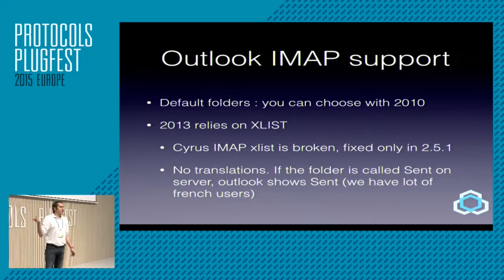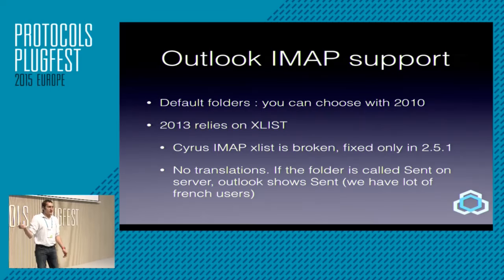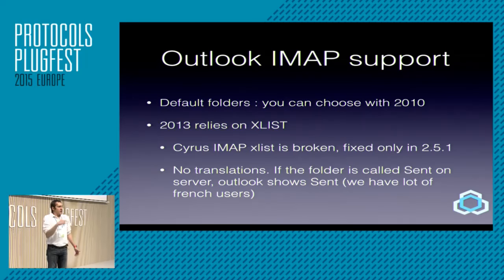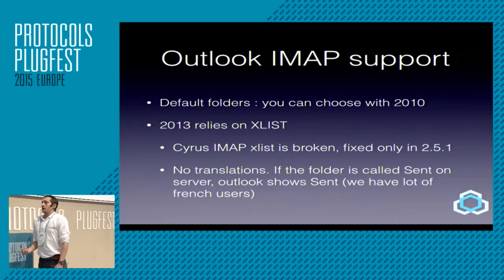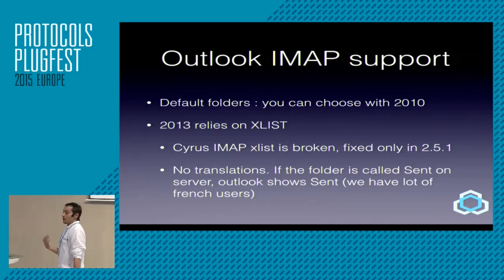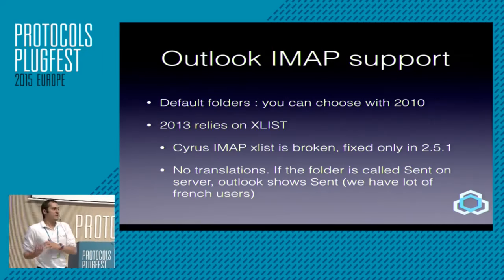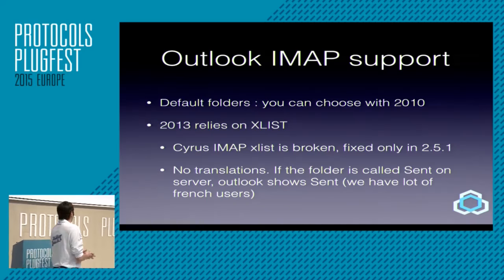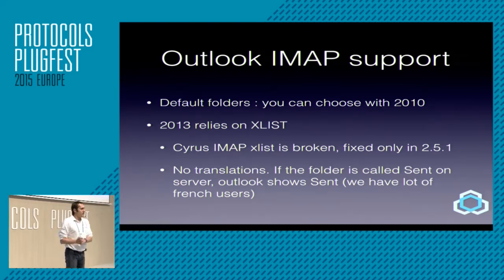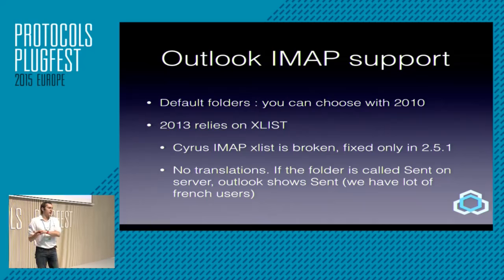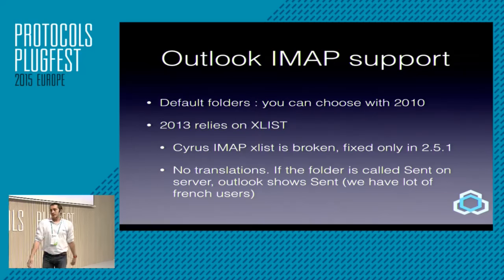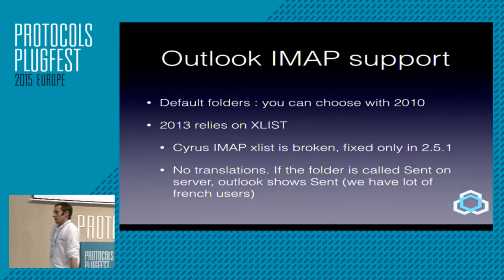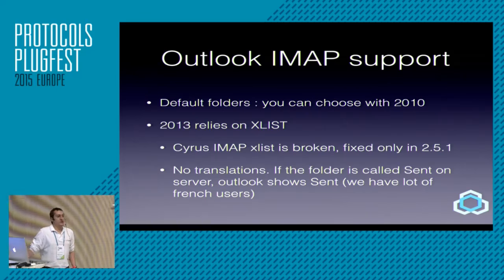So if the folder is named Sent on the server, in Outlook it will appear as Sent. This is problematic as we have a lot of French users and they don't want to see the English names of the folders on the server. And Outlook has absolutely no way to translate the names of the folders. So this is pretty difficult for us.